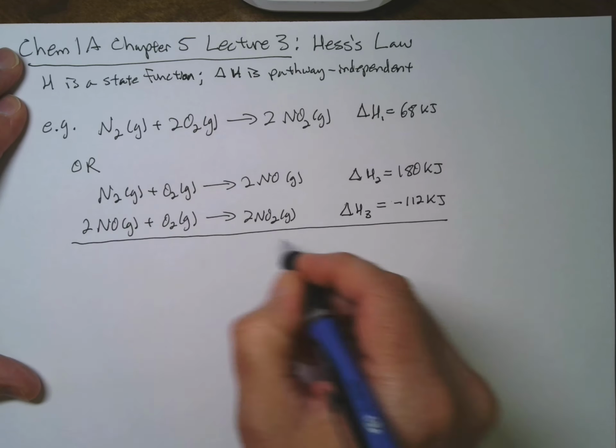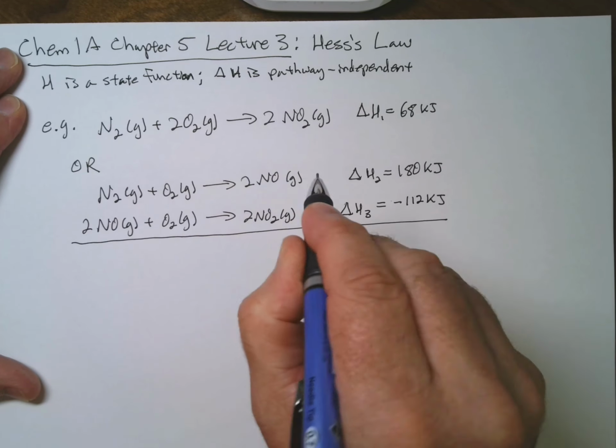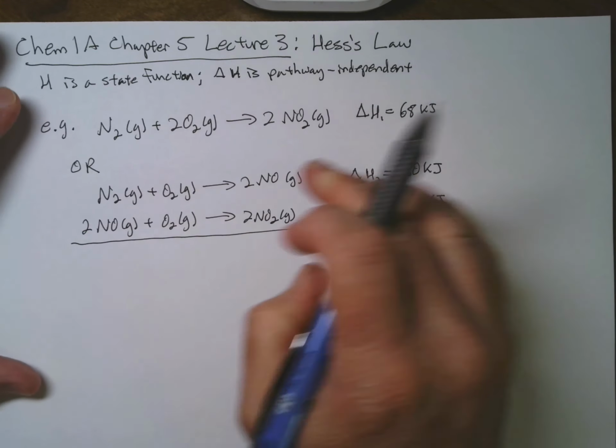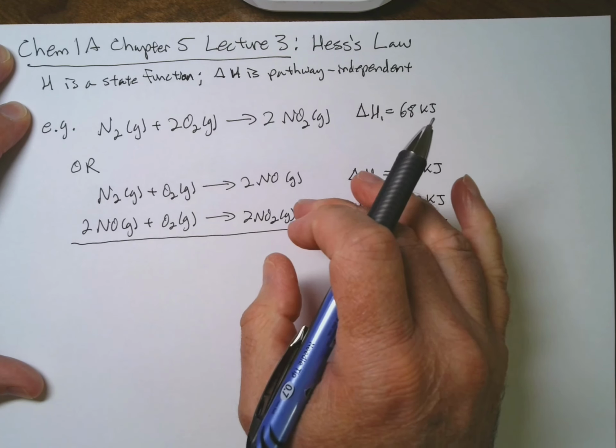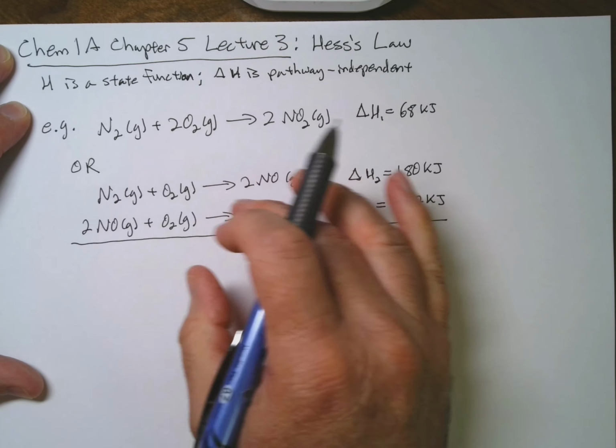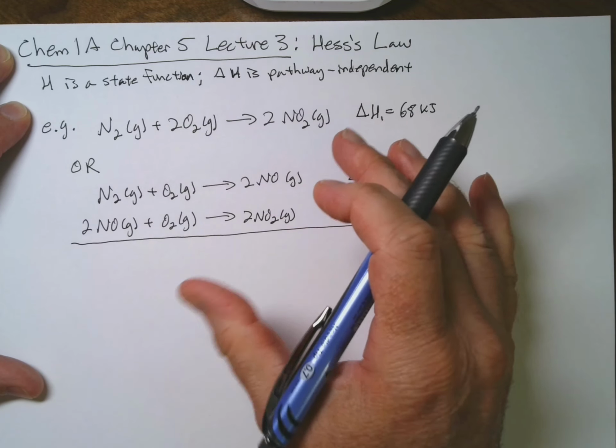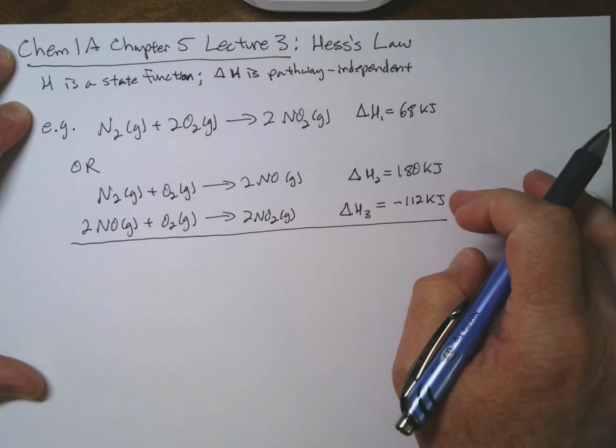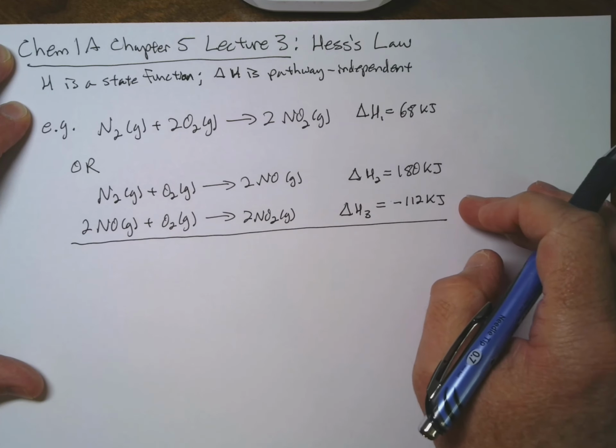So I could go ahead and add these chemical reactions, because remember, these are chemical equations. So I can add my equations and things will still be equal. And then I add the delta H's.